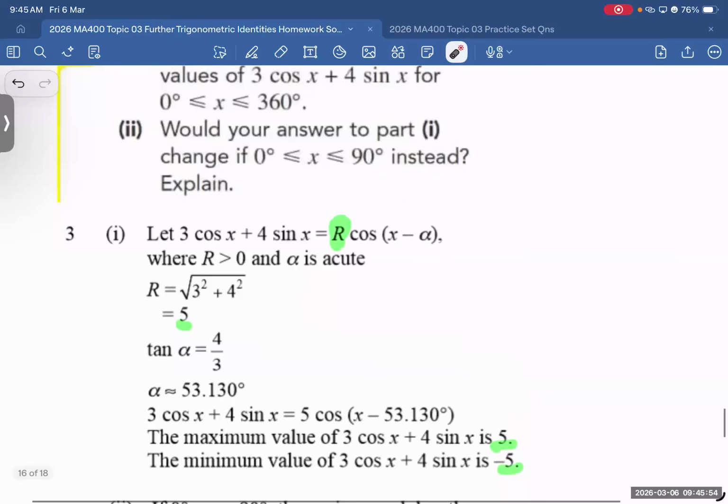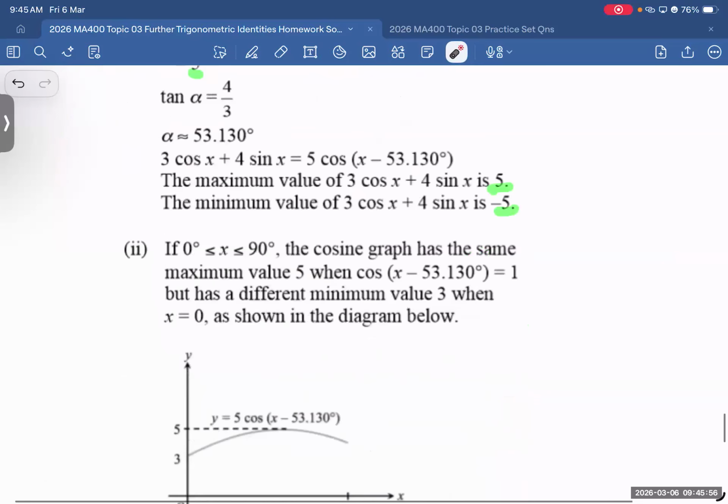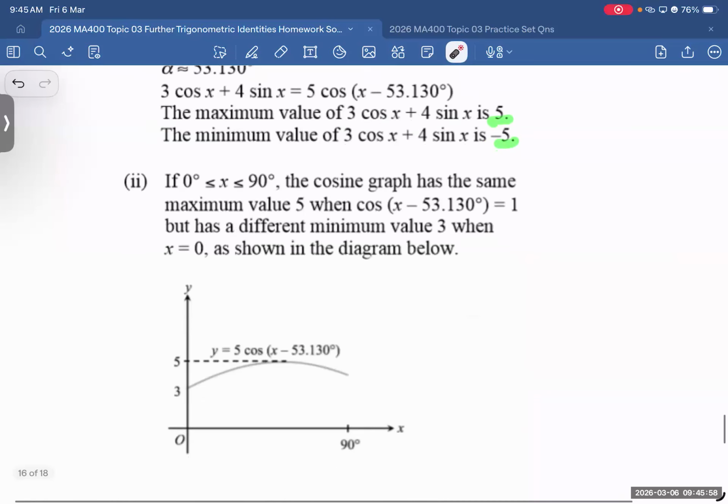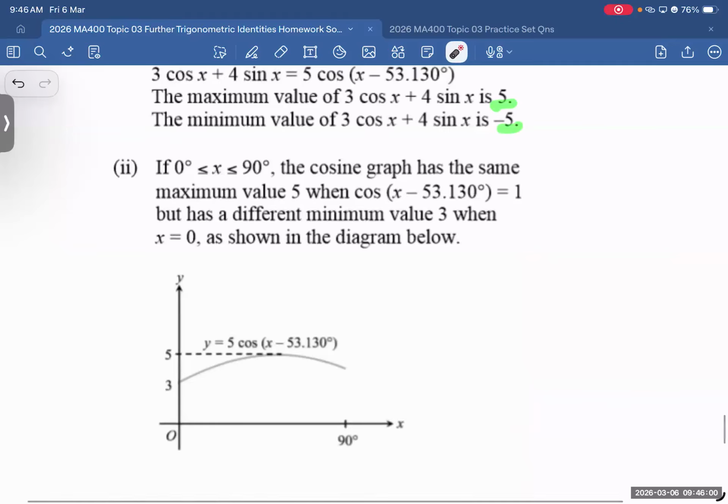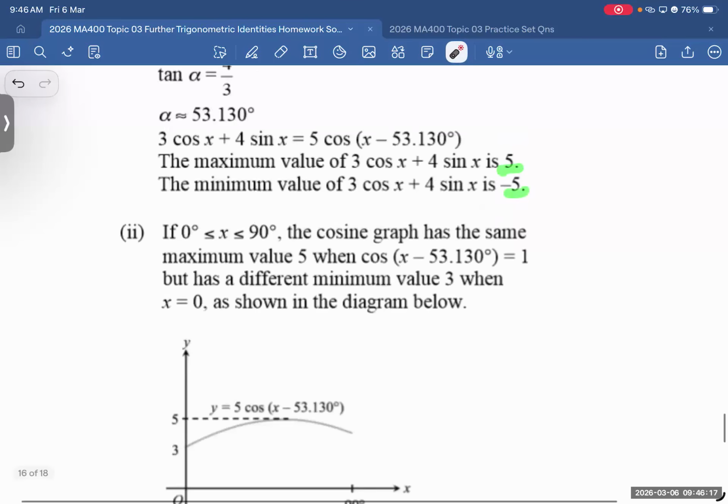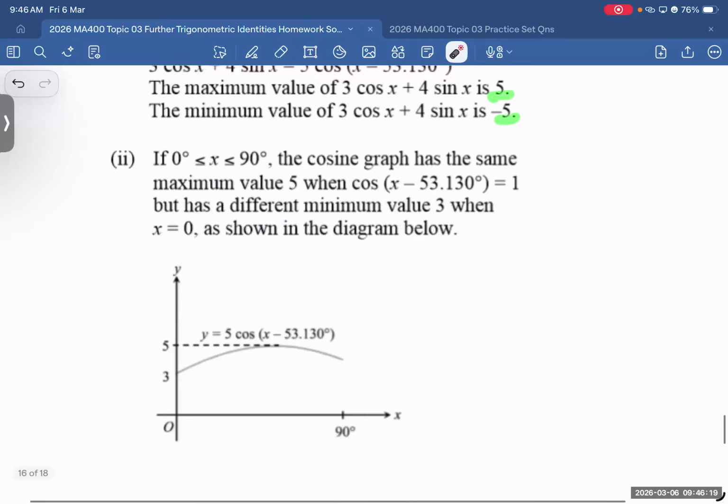Okay, part 2. If x is between 0 to 90, you'll realize that you have the same maximum value, but you will have a different minimum value, because the minimum value will be outside the range. So -5 for cosine, right?